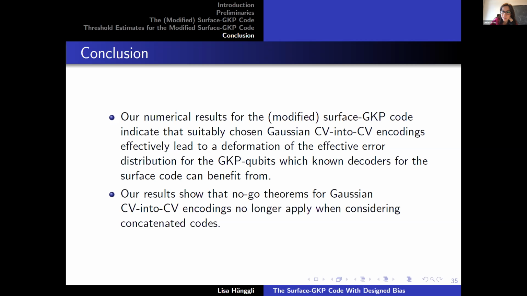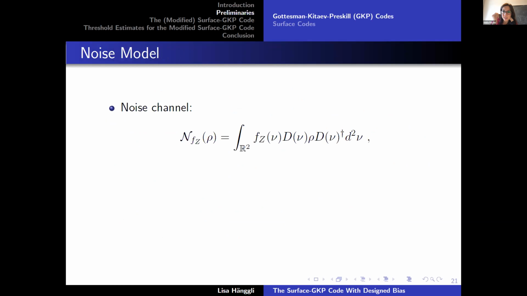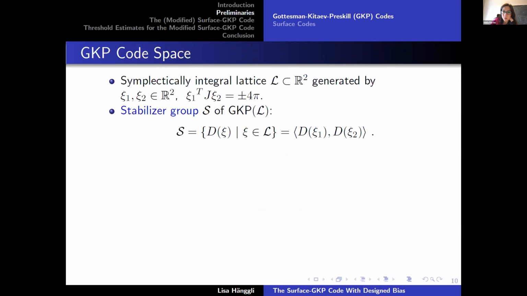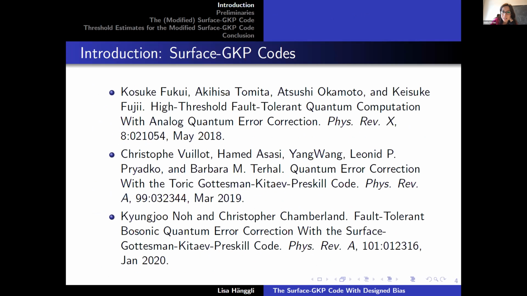I was wondering if in those references there were also tips on how to generate the Surface-GKP once you have the GKP optically, for instance. I would be grateful if either Lisa or Ulrich would reply to this, in Slack or through any channel. Okay.